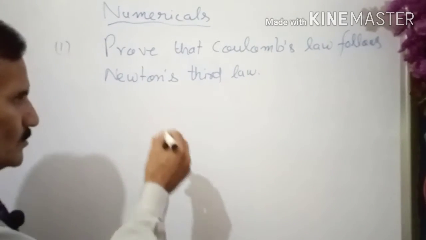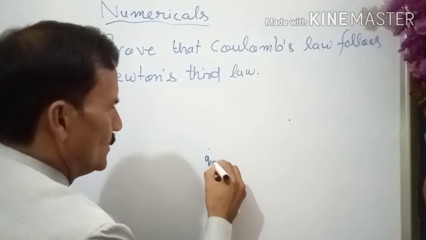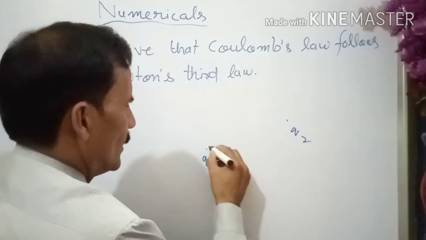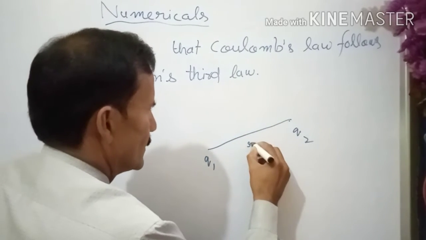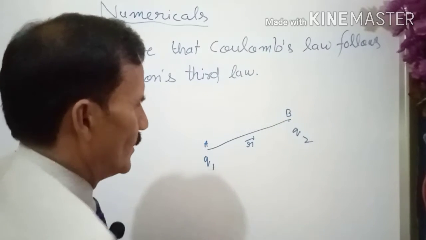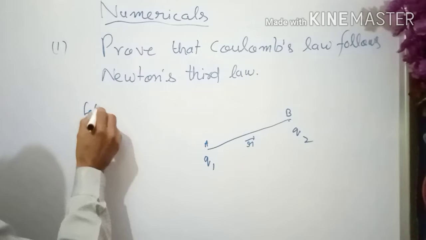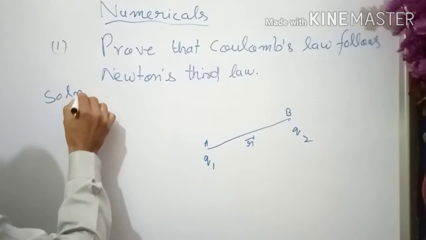How? Suppose two charges Q1 and Q2 are placed at distance r, at points A and B. Now we are doing the solution.